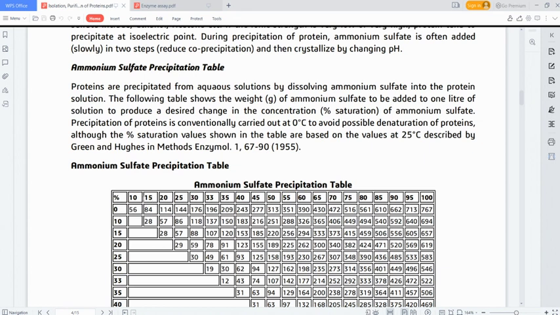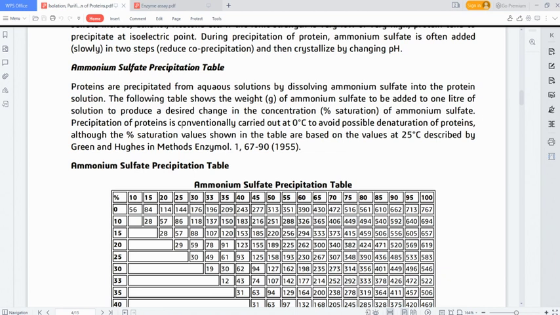Okay, so proteins are precipitated from aqueous solution by dissolving ammonium sulfate into the protein solution. The following tables show the weight of ammonium sulfate to be added to 1 liter of solution to produce a desired change in concentration. That is what we call percentage saturation of ammonium sulfate.